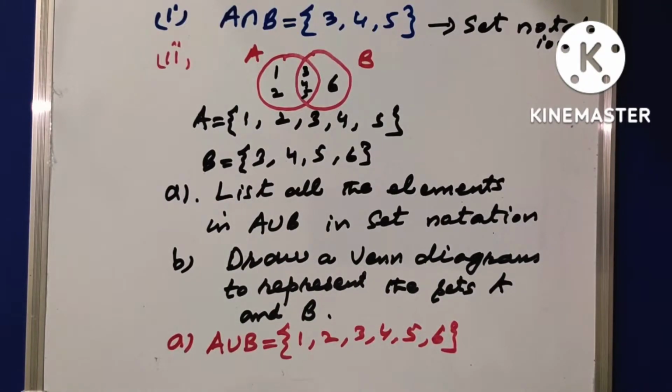One thing is noticeable over here, that the common elements, just like 3, 4 and 5, are written only once. They are not repeated. This is set notation.